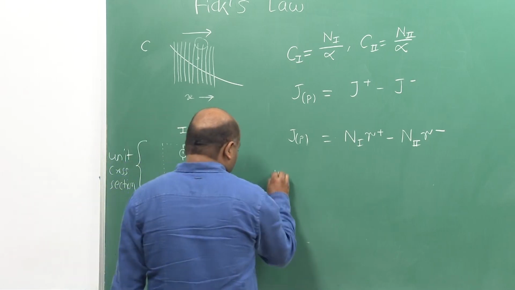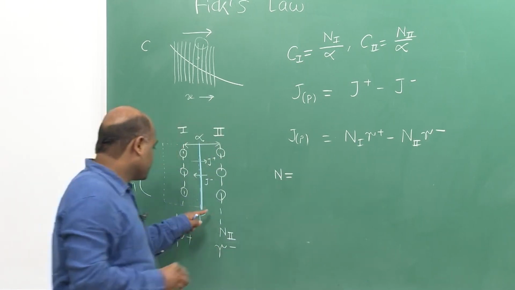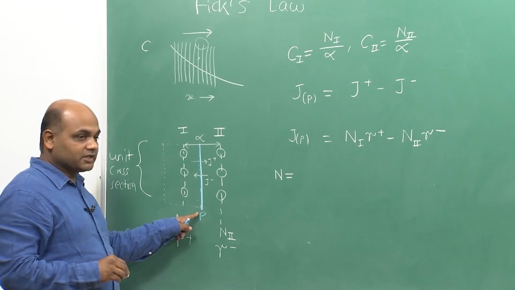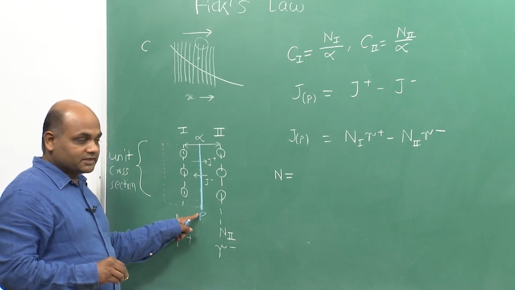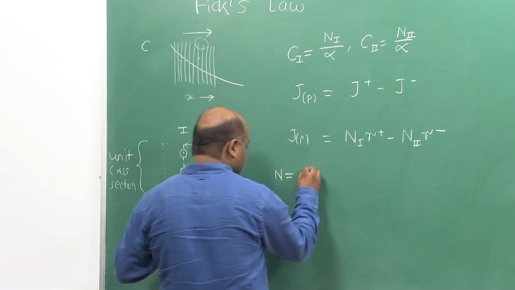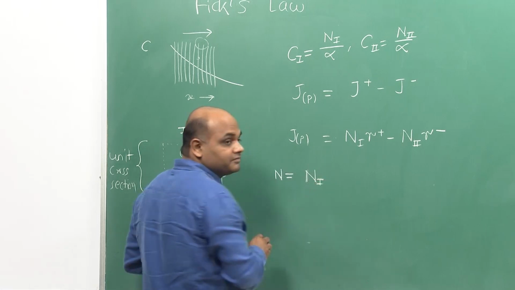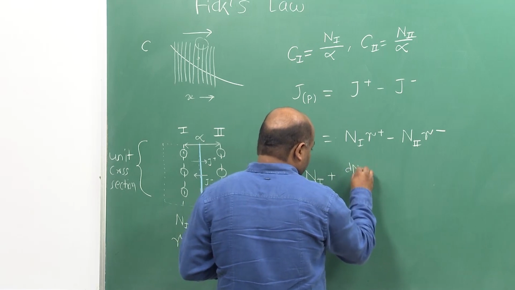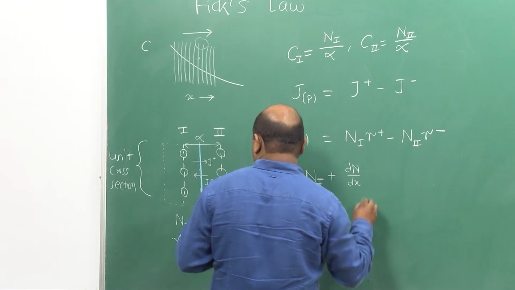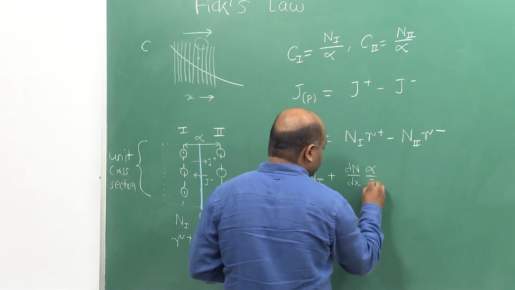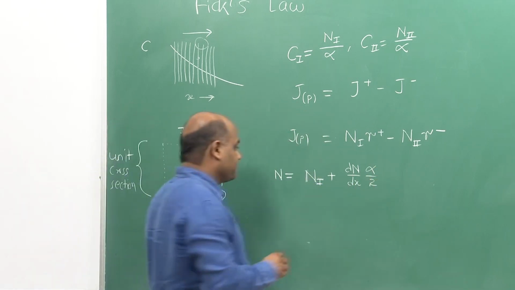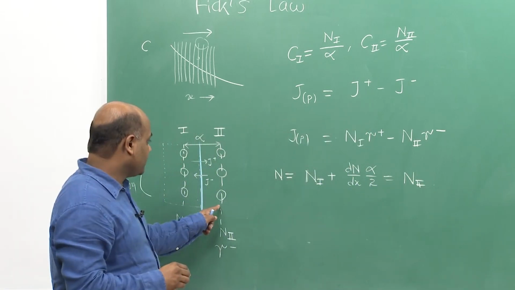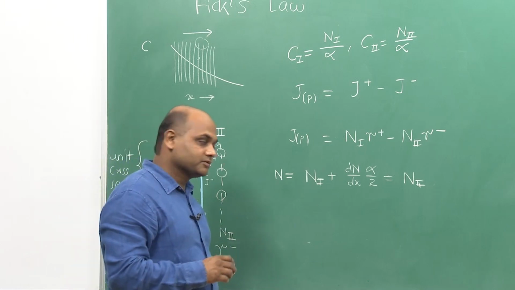So, if I take N as the number of atoms per unit area on plane P, in terms of the gradient and N1 or N2, we can express it, let us try in terms of N1, as N1 plus dN by dx times alpha by 2. Or in terms of N2, this will be N2 minus dN by dx alpha by 2.